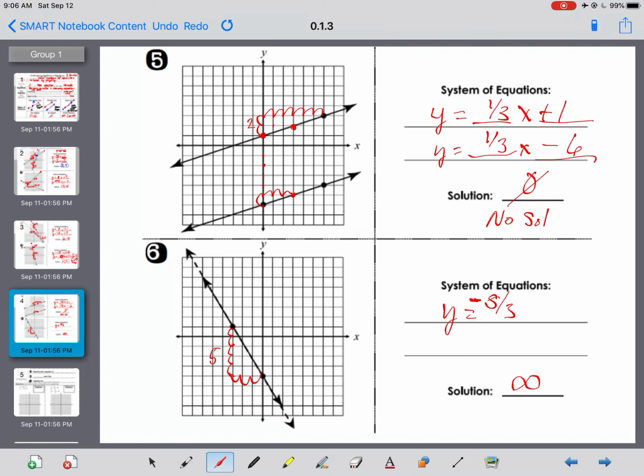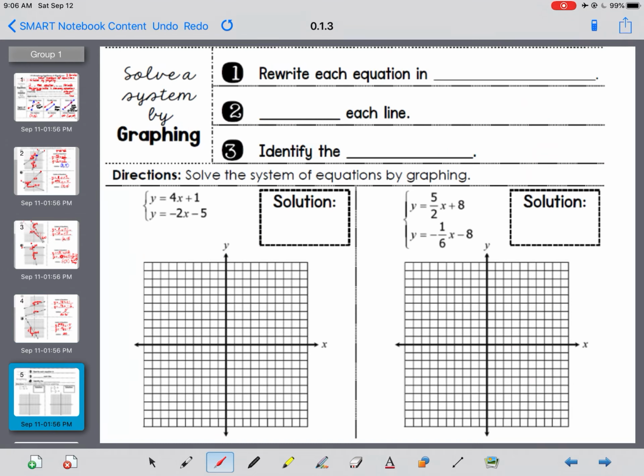The lines are going down. So don't forget it's got to be a negative 5/3. Sometimes that happens when you count. Go back and look at the line. What's it doing? Up or down? Okay. 5/3 x, and then 1, 2, 3, 0, negative 4 is that point. So minus 4. And that's what the other line is. Boom, boom, boom. And that's how you solve systems graphically.